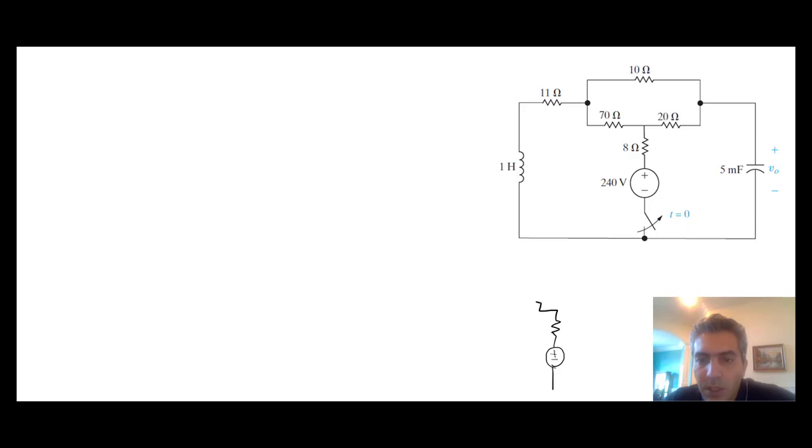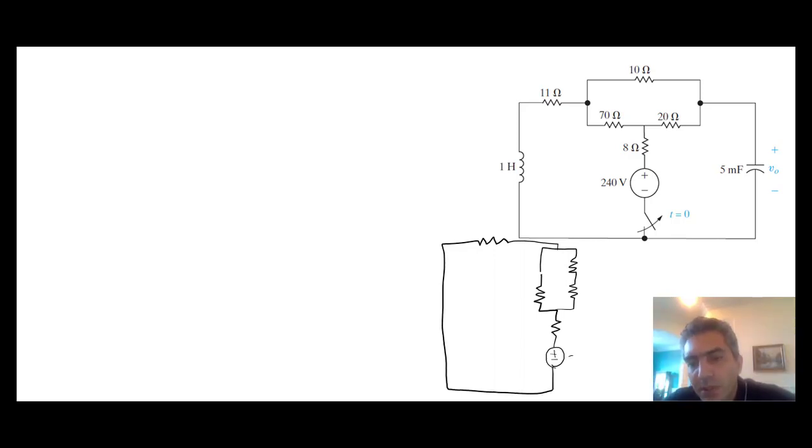Then on one end we get the 70 ohm, and on the other end we have the 20 ohm that is in series with the 10 ohm, and the two then get connected to an 11 ohm right here, and then a short circuit, which used to be the inductor, and gets connected to the source.